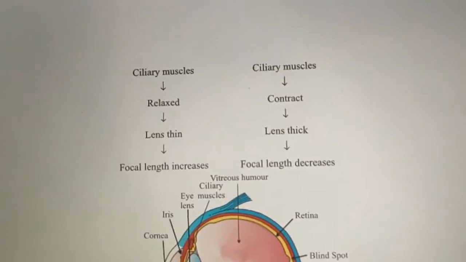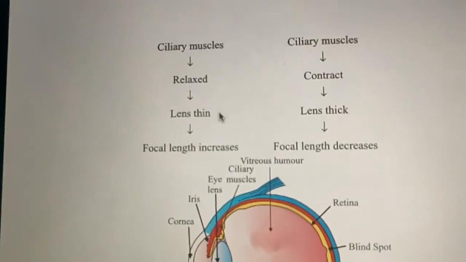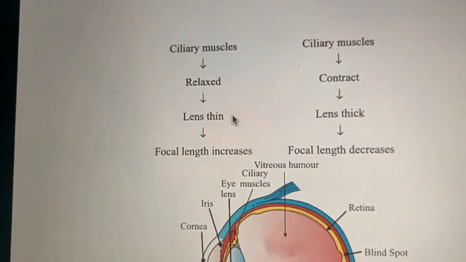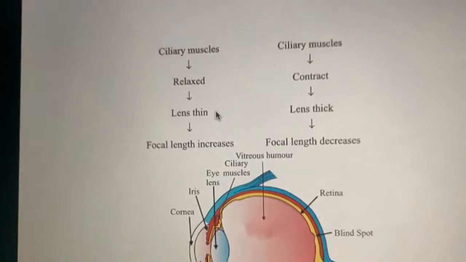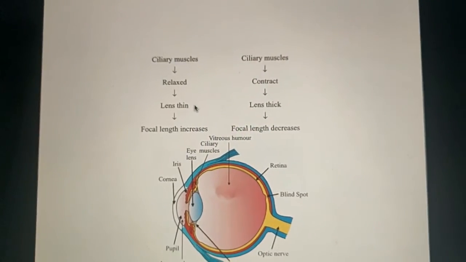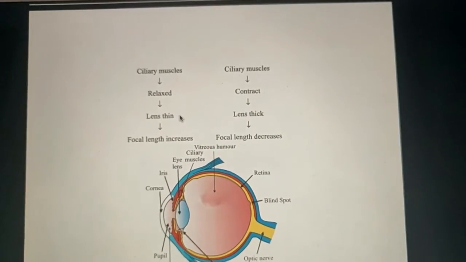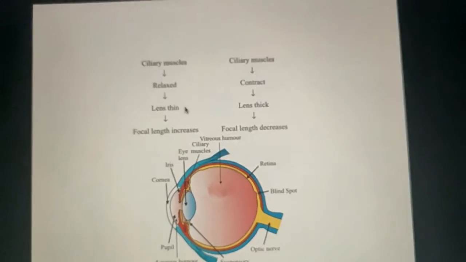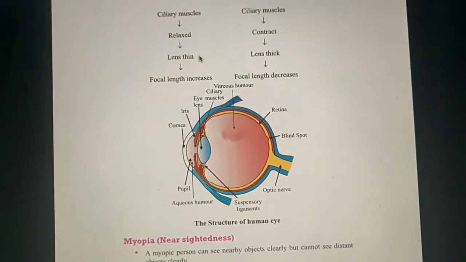Now when ciliary muscles are relaxed, the lens becomes thin and focal length increases. When ciliary muscles contract, the lens becomes thick, and in this case the focal length decreases.